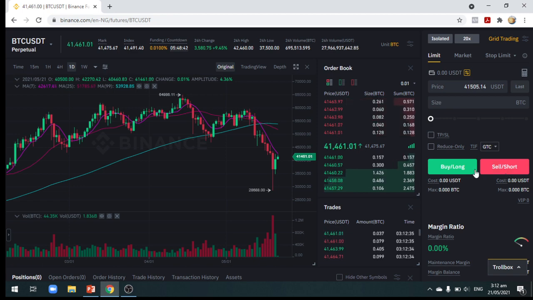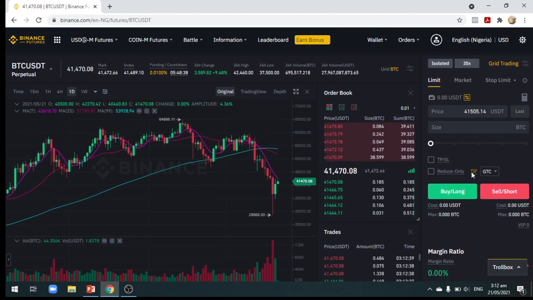So if the price goes against you, then you know, of course, that you're making losses. And if you are using leverage, your profit or loss, like I said previously, is going to be multiplied by the amount of leverage that you use. So if you're using 20x leverage and you're making a 1% gain, that means your profit is going to be multiplied by 20, so you're making 20% profit.